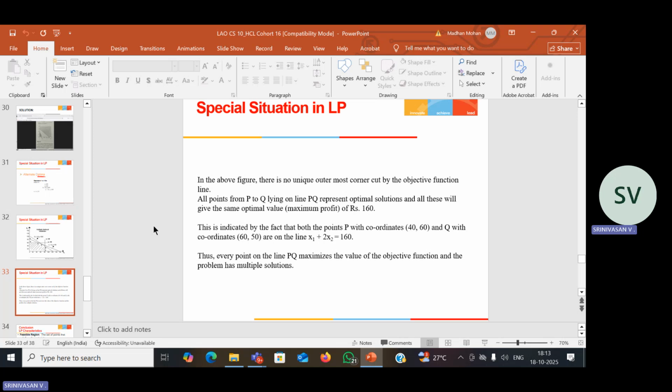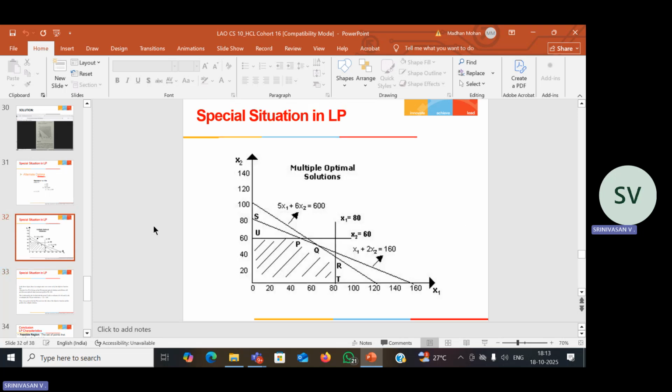Just look at what's the meaning. P is nothing but (40, 60). So where is it now? 40 plus 2 into 60, 40 plus 120, 160. It is on this line. So P lies on this line.